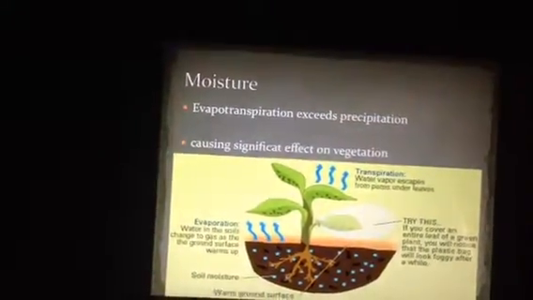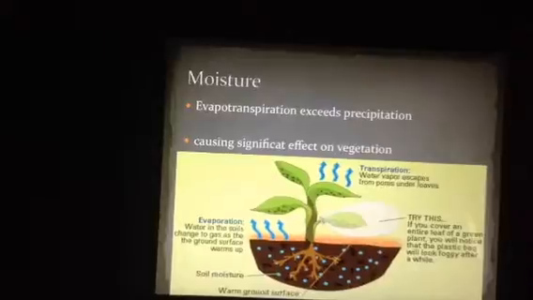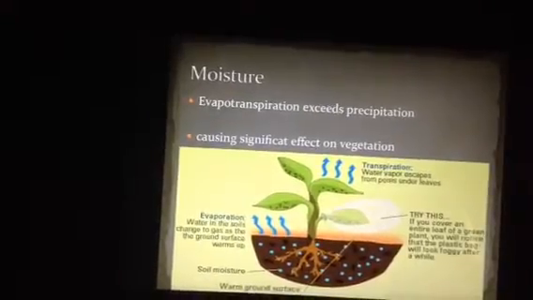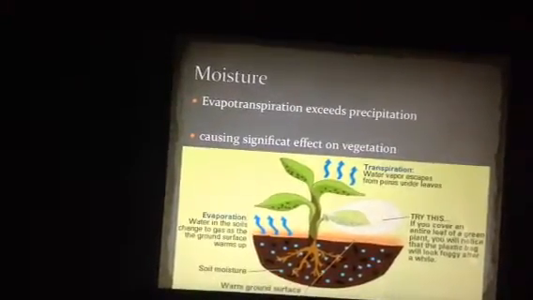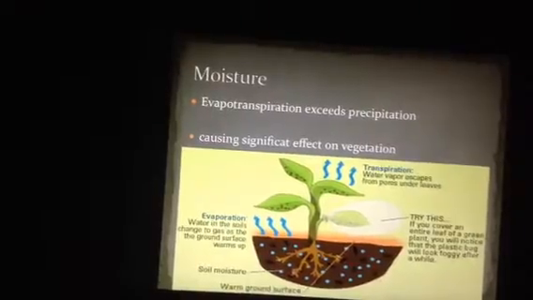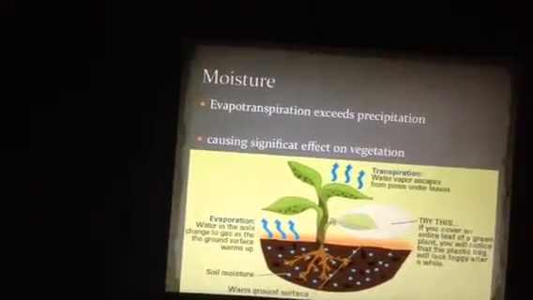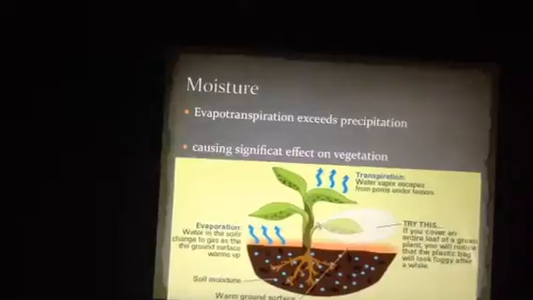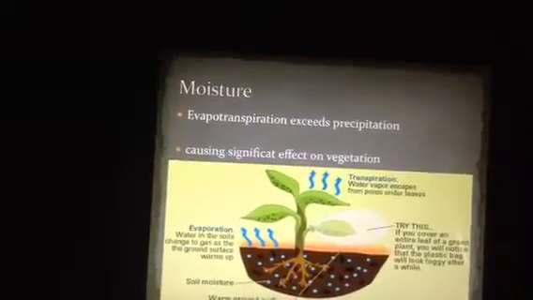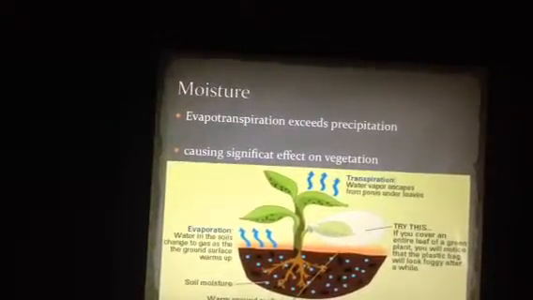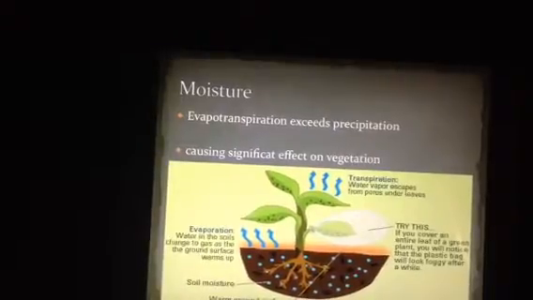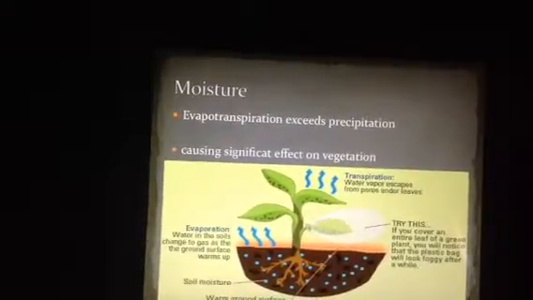The moisture in the area is, rain is not easy to come by, and you have a big problem with evapotranspiration exceeding precipitation. So this causes a significant effect on vegetation.